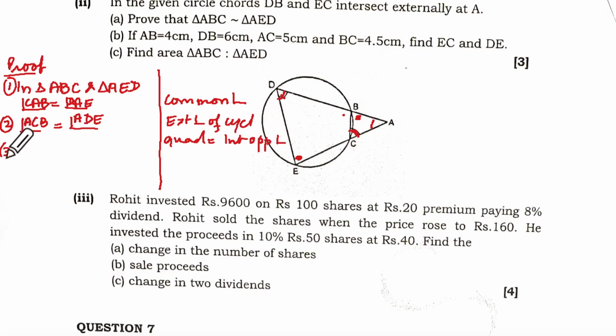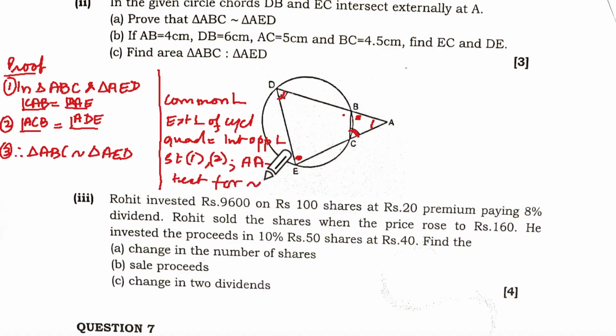Alright, the third one, therefore triangle ABC similar to triangle AED. This will be from statement 1 and 2. Put semicolon and AA test for similarity. Okay, and this is our first part, prove.